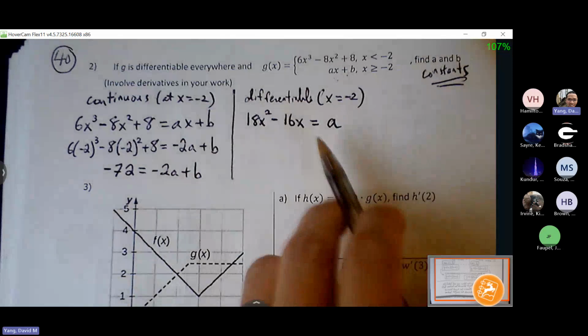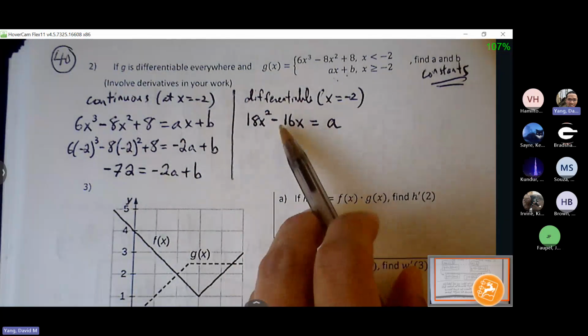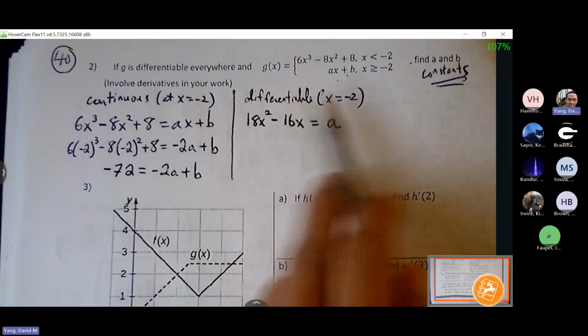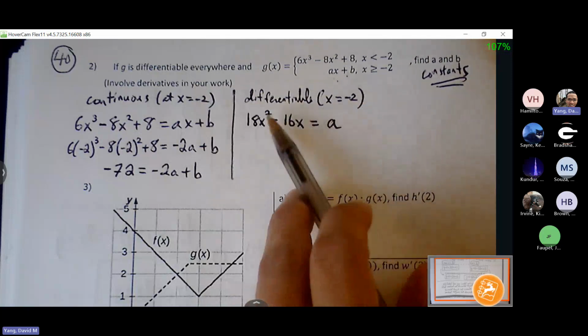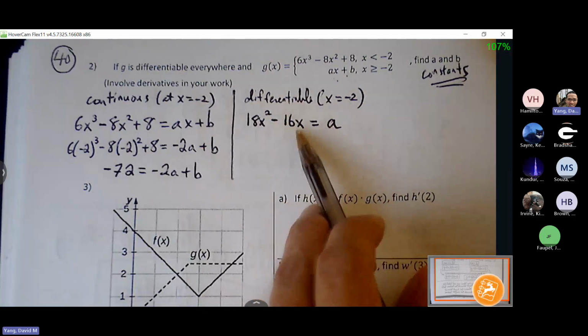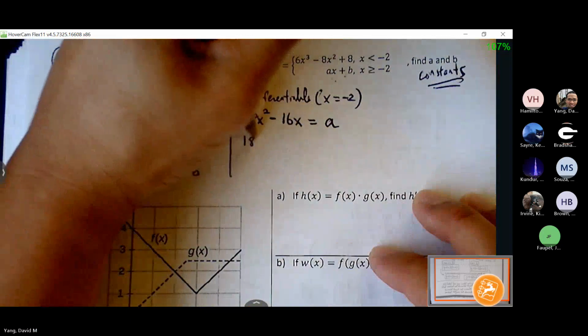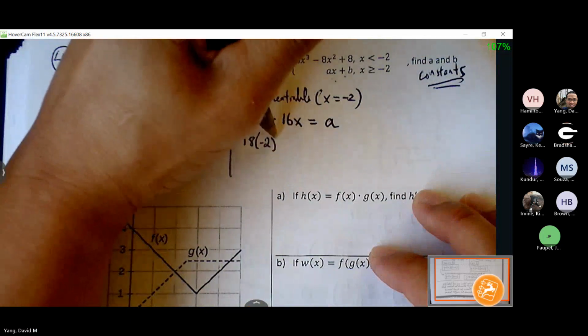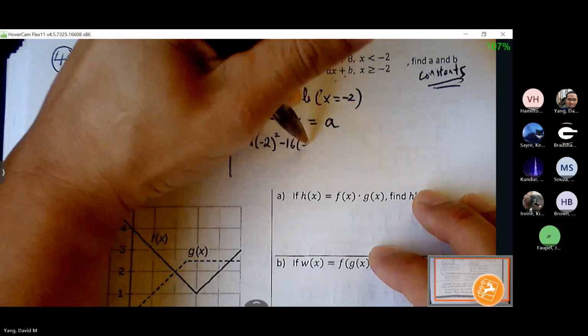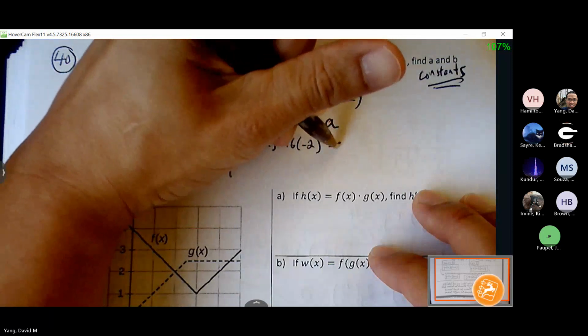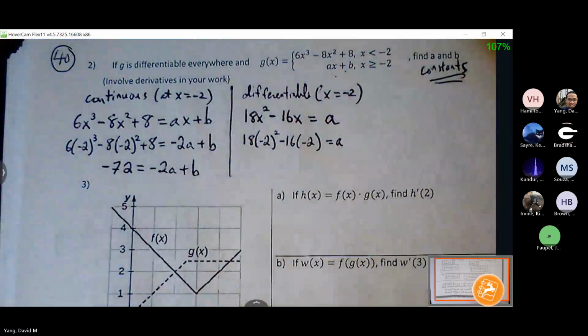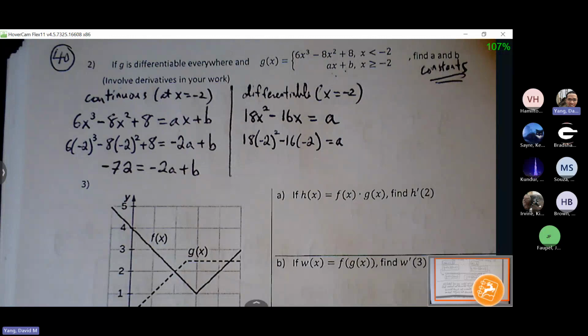We know that we only care about these 2 curves sharing the same slope at x equals -2. So replace every x with -2. Okay, so 18 times 4 plus 32.